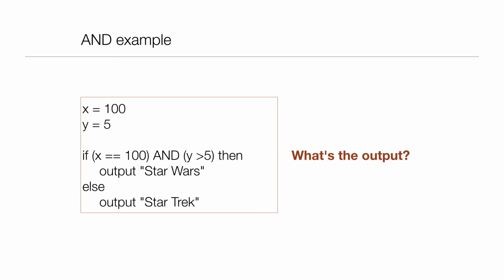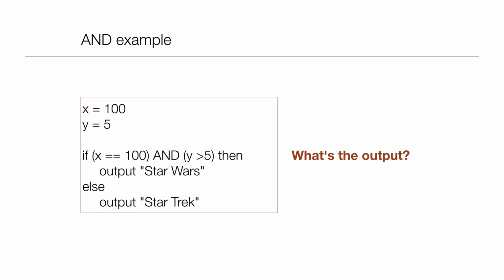So here's an example of AND. We got x equals 100, y equals 5. If x equals 100 and y is greater than 5, then it'll output Star Wars, or if that's false, it'll output Star Trek. So what's it going to output? X is 100, y is 5. So we look at both conditions. If x equals 100, x equals 100, so yes, that's true.